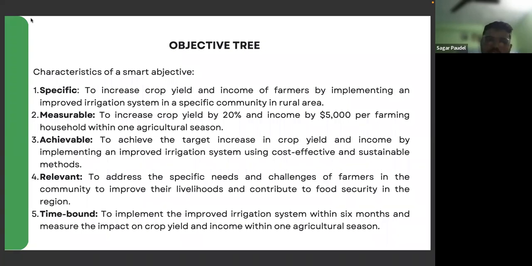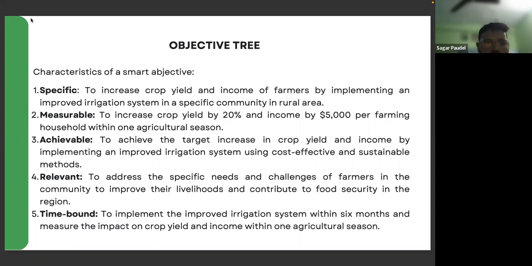And achievable, some projects are vague, they are not practicable. Although they have a problem statement or objective, they may not be practicable in terms of cost effectiveness or sustainability. So those things should be considered while we design our project objective.